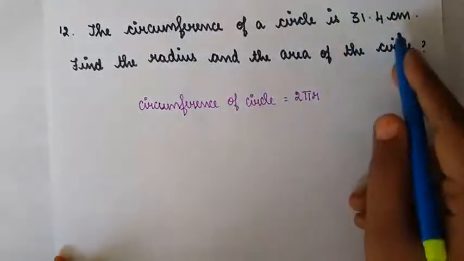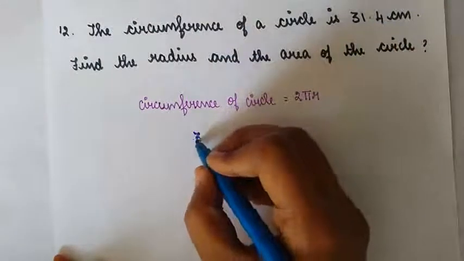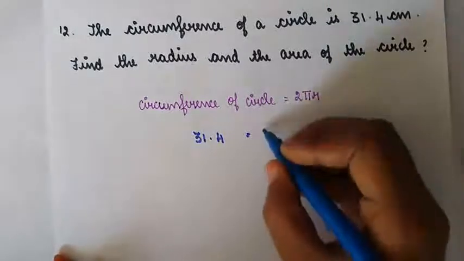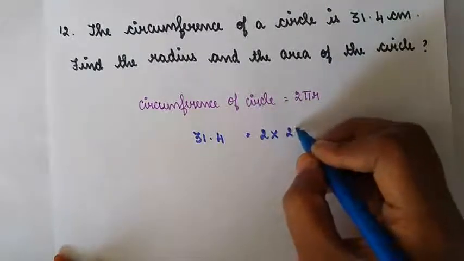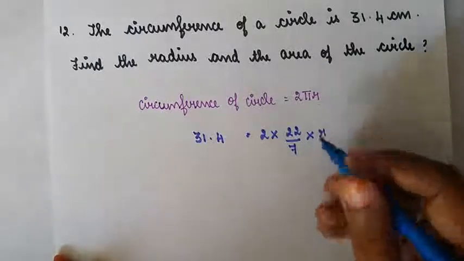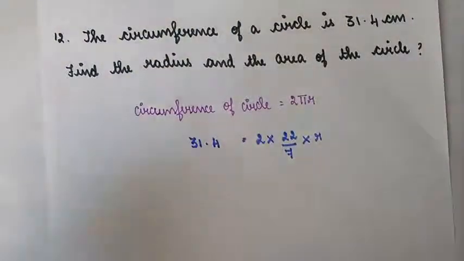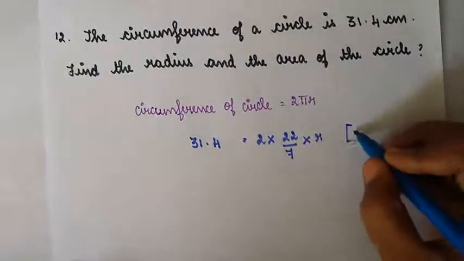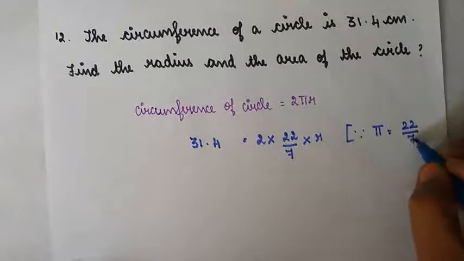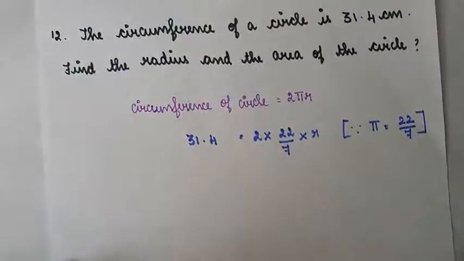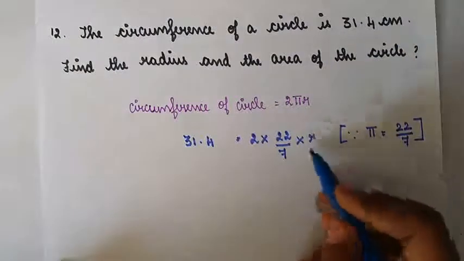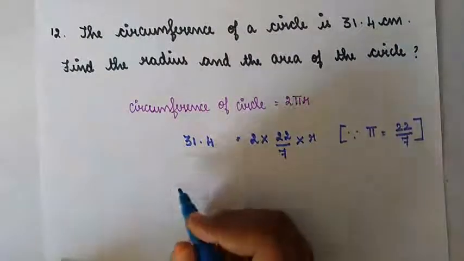So here given is 31.4 centimeter. So we have to write 2 into 22 by 7 into r, since pi equals 22 by 7. Then we have to find the radius of the circle.